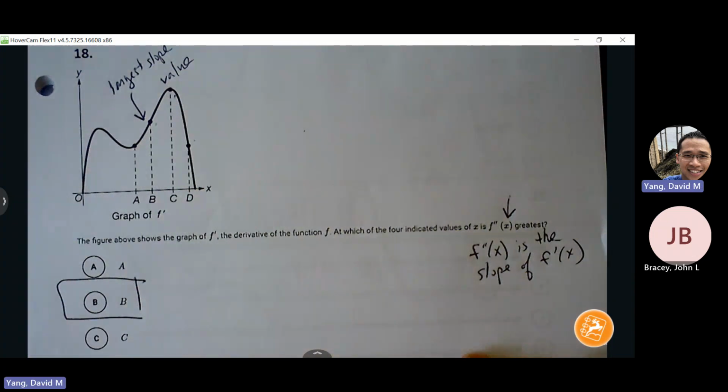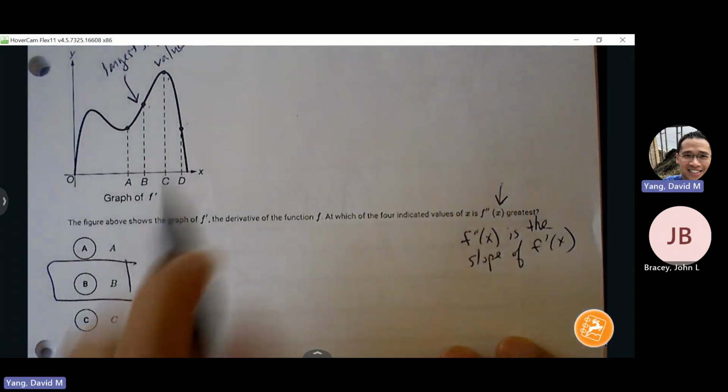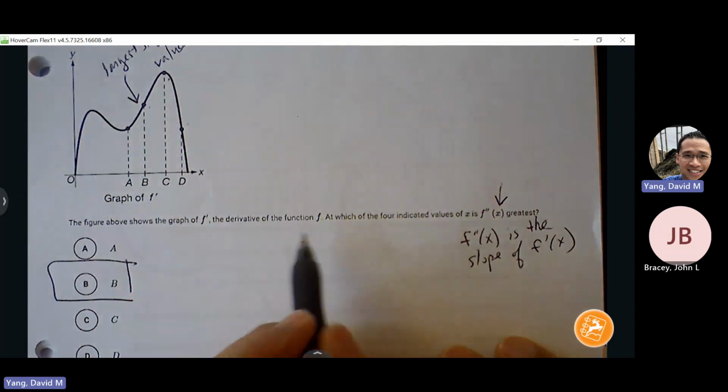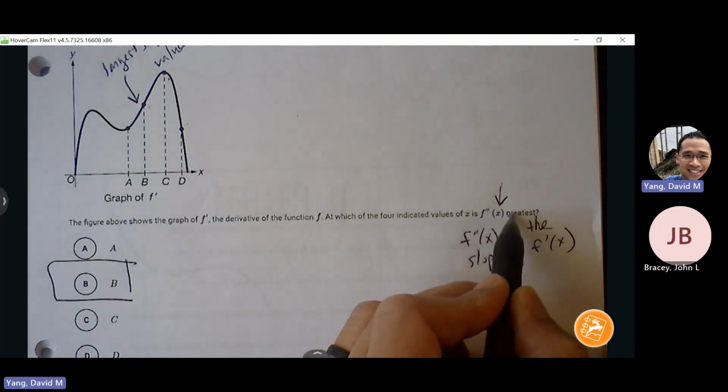We're looking for the greatest value, so the most positive one. This may be a steeper slope, but in terms of largest, we're trying to head towards a positive direction.